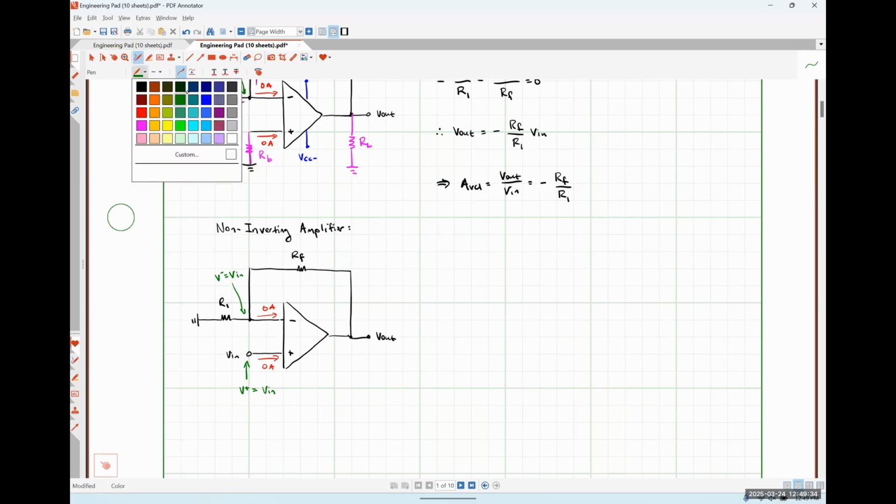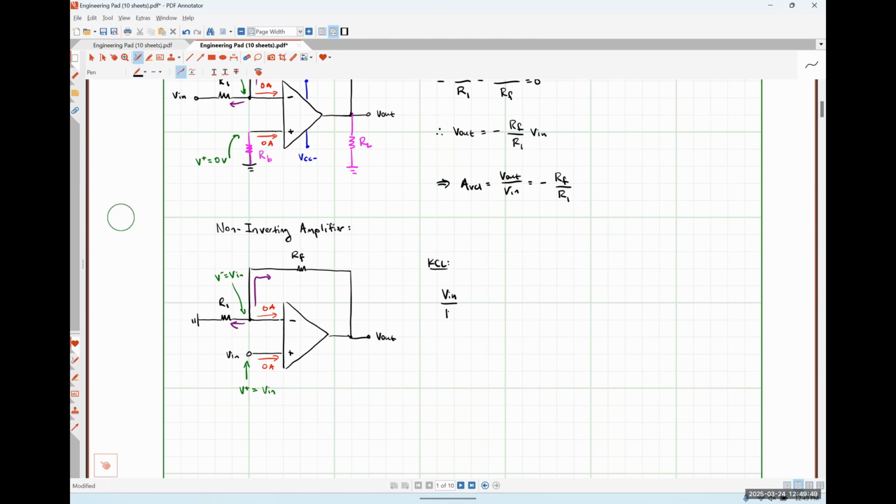From there, we can apply Kirchhoff's current law at our inverting input node yet again. And what we'll get when we apply KCL in this way is Vn divided by R1 plus Vn minus V out divided by RF is equal to 0.